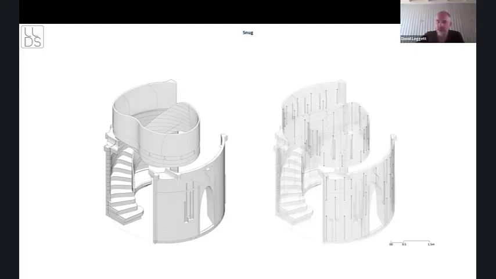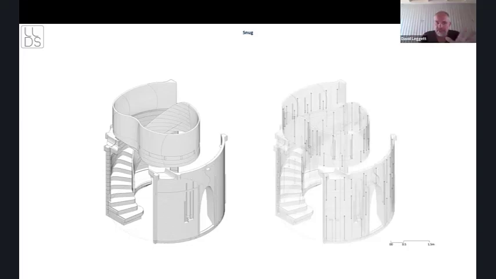So we're not gluing the layers in this case. We're purely relying on these steel rods to clamp the whole structure together, so it can act as a cantilevered staircase, and obviously the balustrade and wall as well.